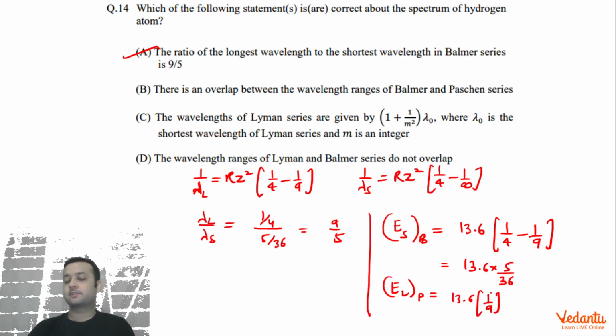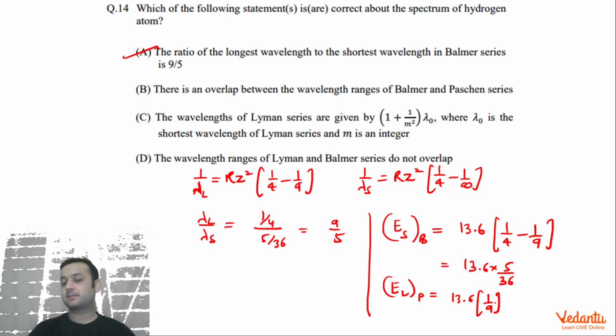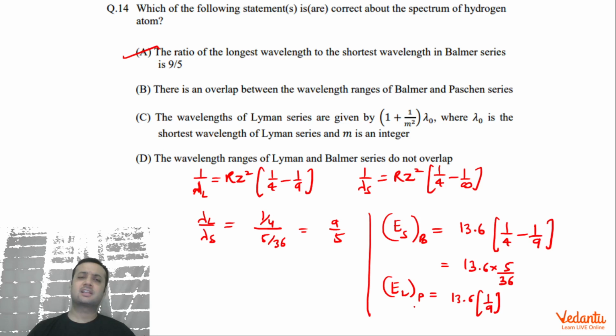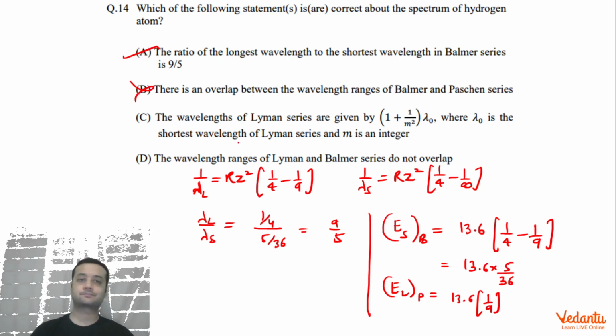Now if you see, the smallest possible energy of Balmer is more than the largest possible energy of Paschen. Because you can write 1 by 9 as 4 by 36. बामर का स्मॉलेस्ट पास्चन के लार्जेस्ट से ज्यादा है, इसका मतलब एनर्जी में तो कोई ओवरलैप है नहीं, देयरफॉर वेवलेंथ में भी कोई ओवरलैप नहीं होगा, तो B is wrong.